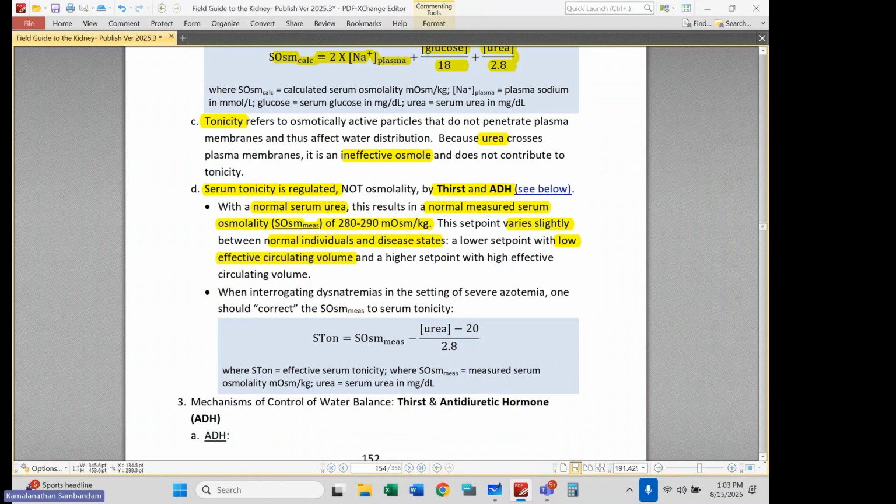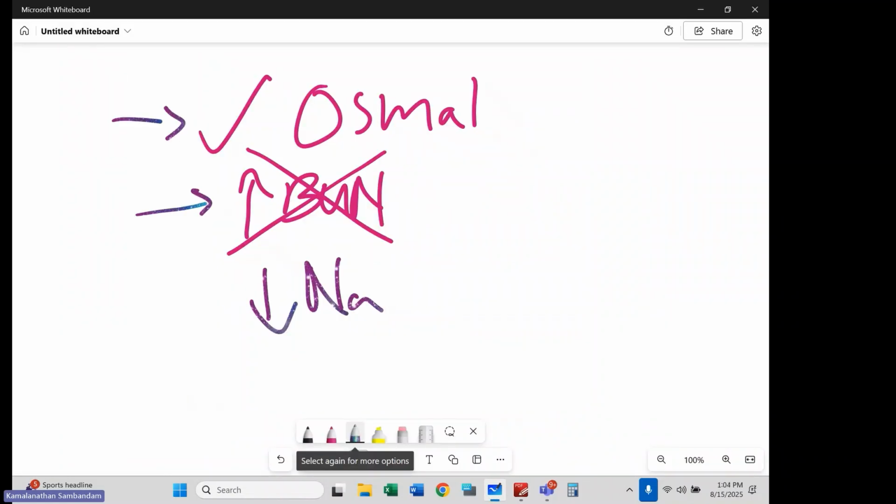And you certainly modify that set point through other stimuli. One of the most common is low effective circulating volume. Okay, so let's put that in writing here.